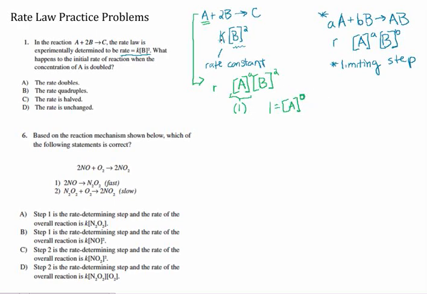So in other words, when you see a situation like this one, where you have an equation where there is clearly an A reactant, but A is not listed anywhere in your rate equation, essentially what that means is that A isn't relevant, right? In other words, the amount of A that we have here is not relevant in terms of the rate of the reaction.